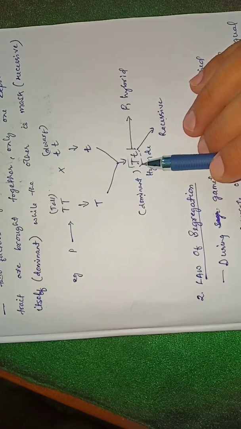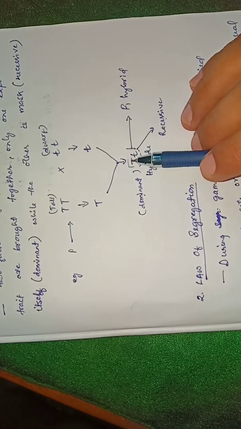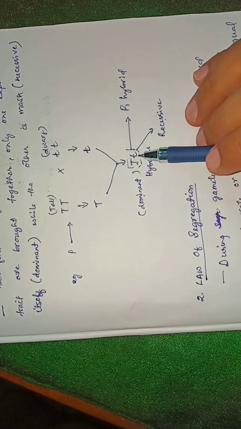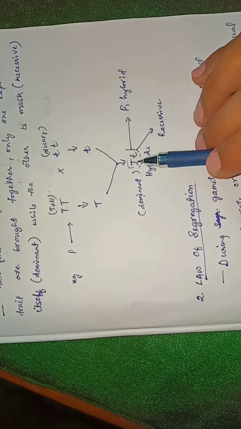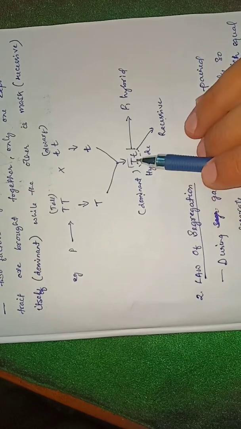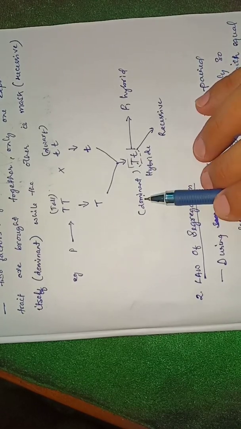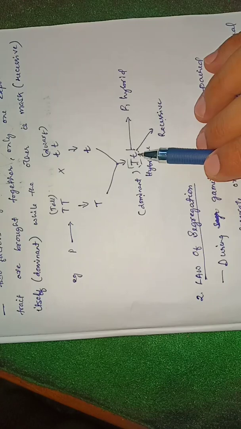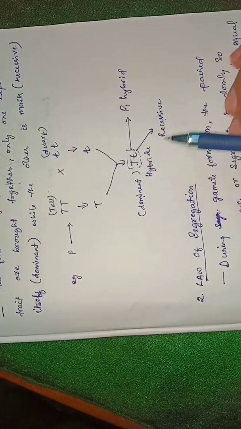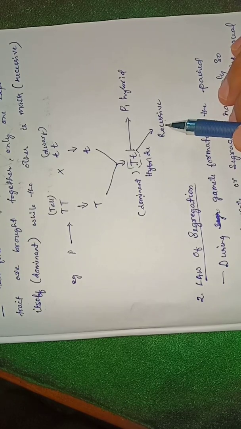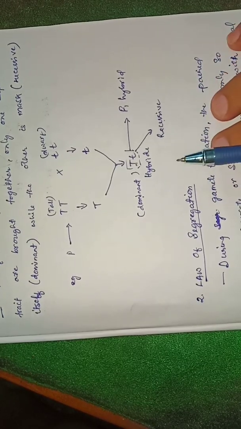That is why the hybrid becomes tall, while the small t is still there with the hybrid, but it is masked by the capital T. So this T which is being expressed is called the dominant, and the small t which is being masked by the dominant T is called the recessive trait or recessive t.